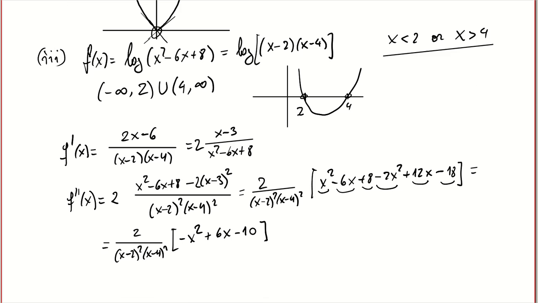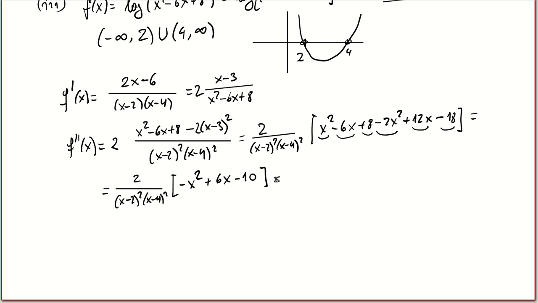And this is equal to, let's take a global minus here, minus 2 over x minus 2 squared, x minus 4 squared, and then this quadratic factor, which is x squared minus 6x plus 10, right?